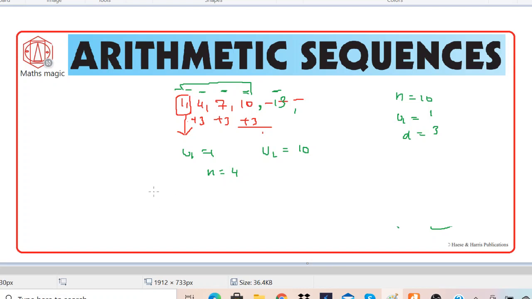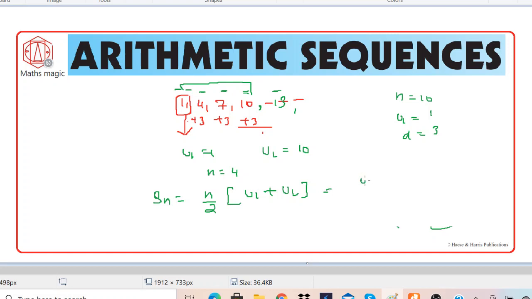So we can use this formula. Sn is equal to n by 2 and then U1 plus UL. Over here, n is the number of terms which you have to add.